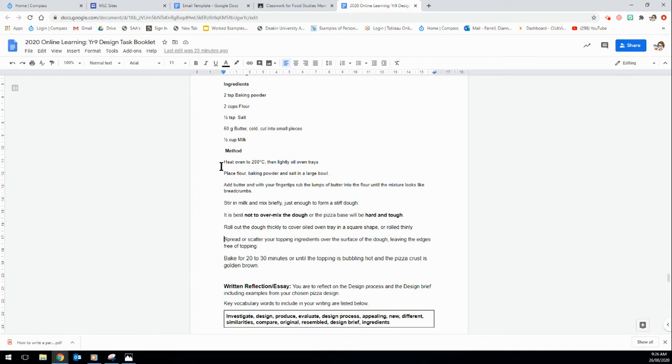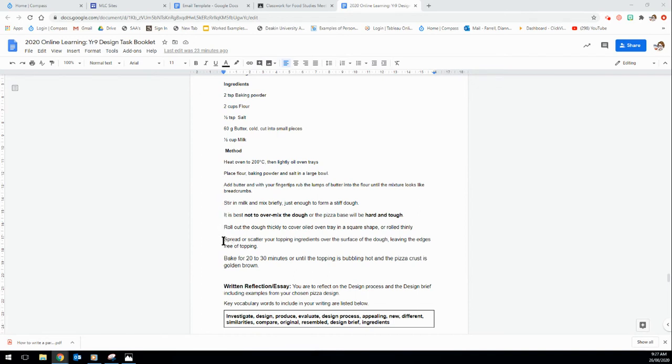So when you're filling out a work plan, you need to make sure that you have this recipe close by. And the reason you need to have the recipe close by is because you need to be able to place the information of the method into that work plan, okay, step by step.